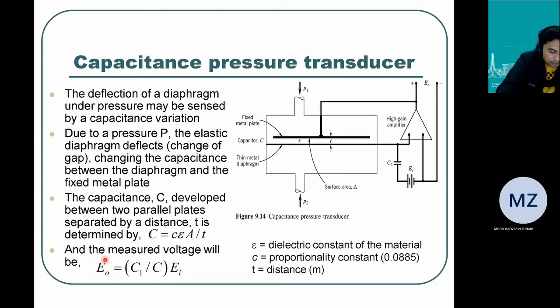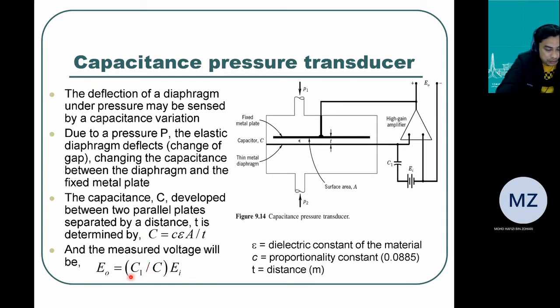E value is reduced. So if you change the value of either C1 or E, E being the voltage input, or you change both values, it can reflect on the sensitivity of the whole measurement.